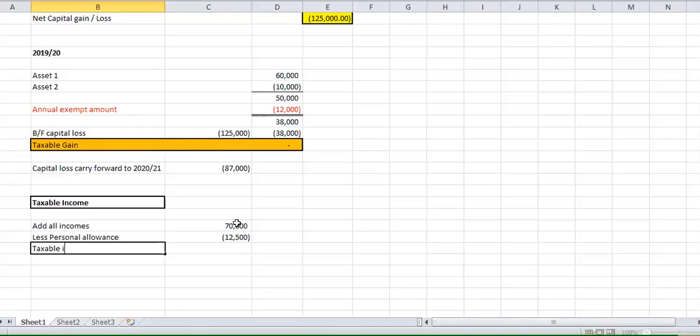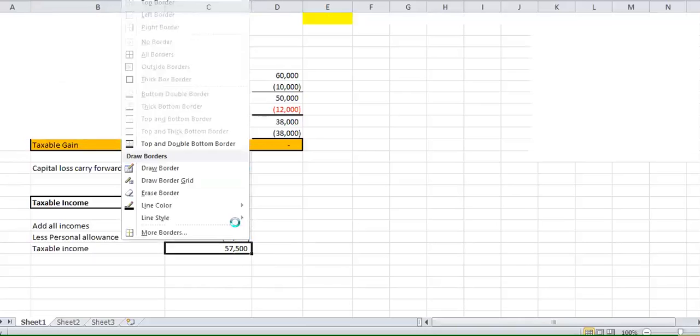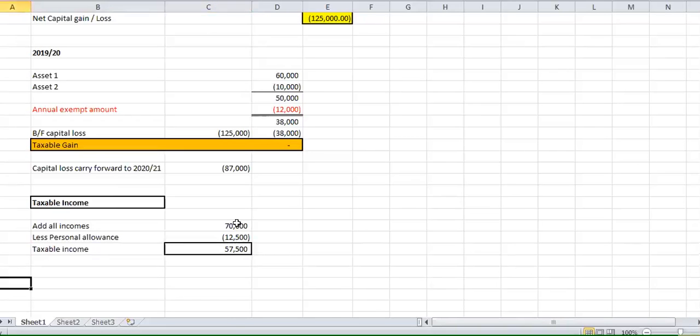Treatment is very simple. So we have taxable income of £57,500.